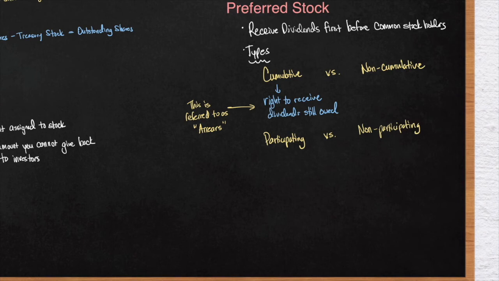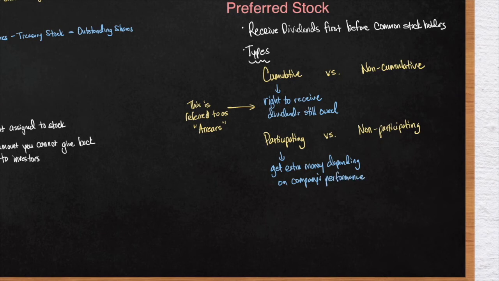Next, let's go over participating preferred stock and non-participating preferred stock. Participating preferred stock is the best out of the two because when the company has extra money, it can choose to give it to the participating preferred stock shareholder. So it gets money depending on the company's performance.